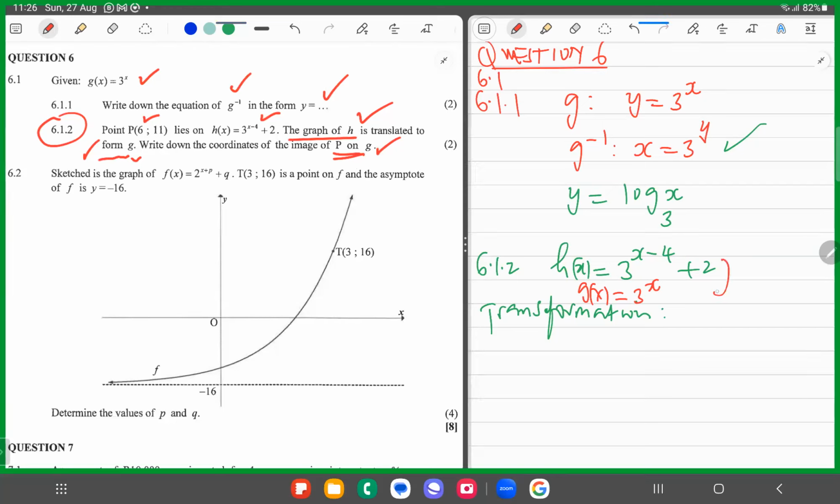How do you translate h to g? You translate by 4 units left. In other words, you add 4, which is 4 units left. And then you have 2 units down.